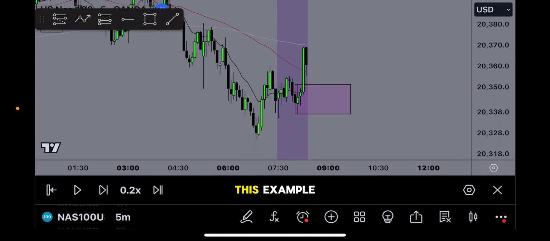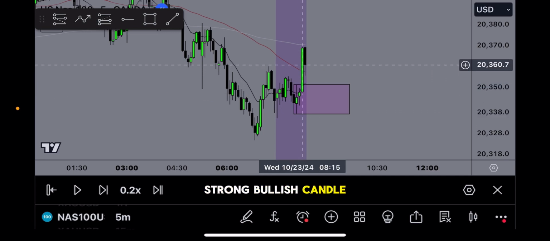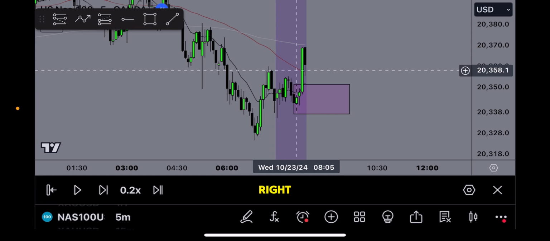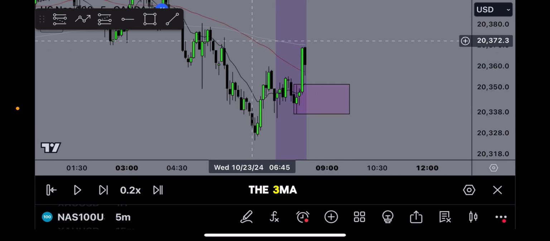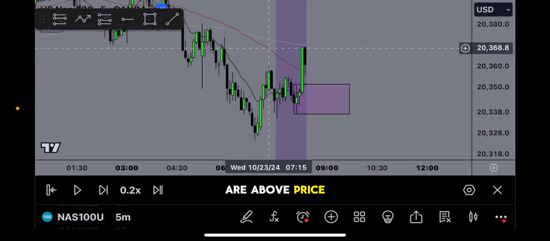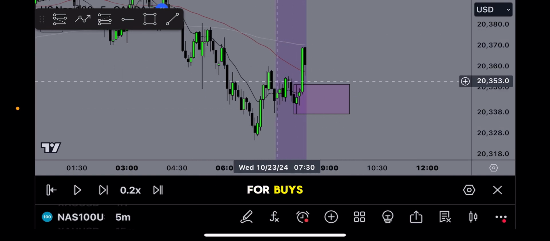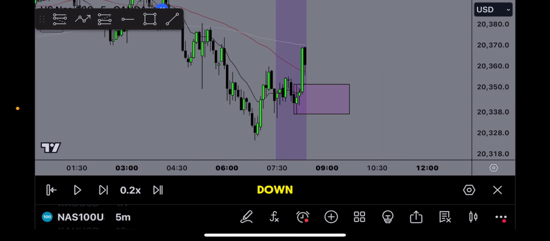So here in this example, we have a strong bullish candle giving us a gap, breaking structure, right? Giving us a demand zone. But we have the 3 MAs above price, not under price, which is not a confirmation for buys. 3 MAs above price tell us momentum is pushing price down.